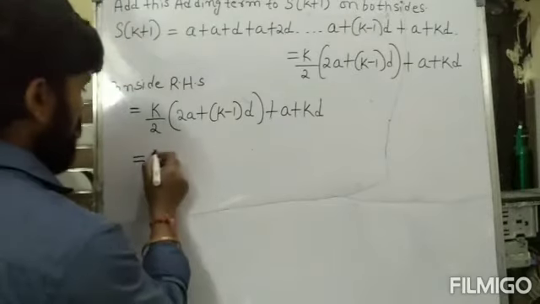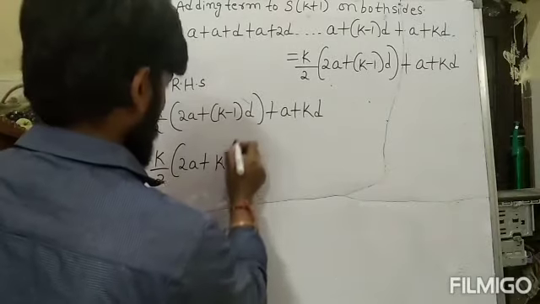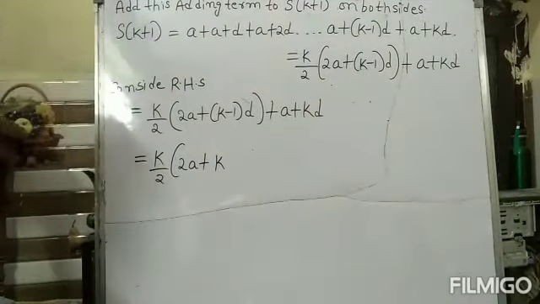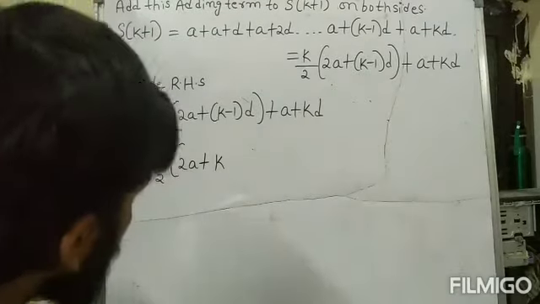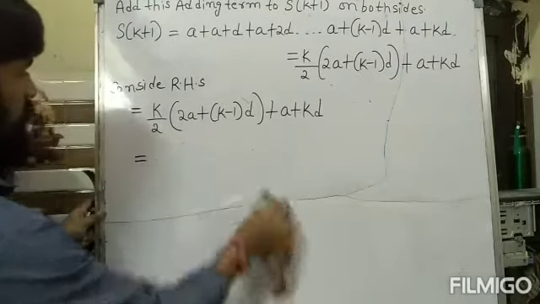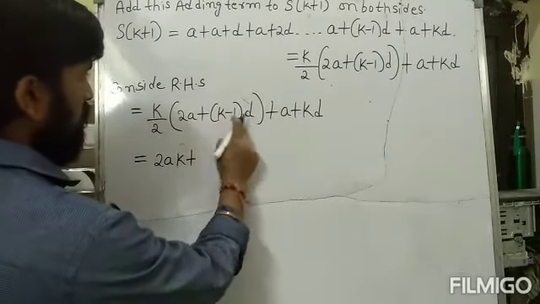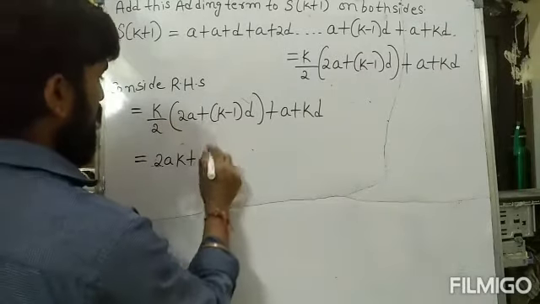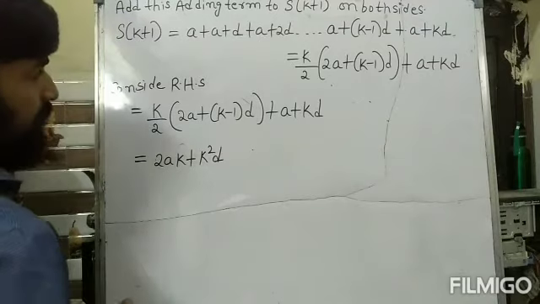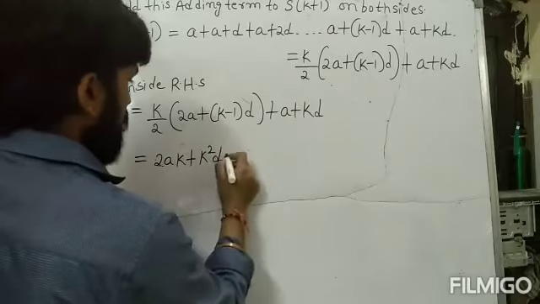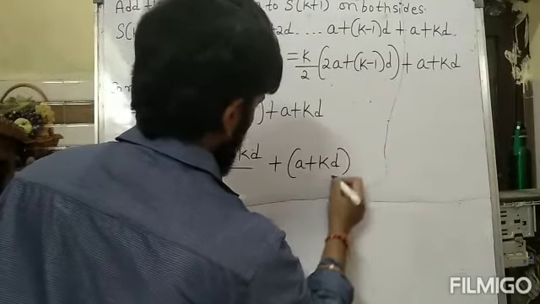I'll expand this, k by 2 into 2a plus k minus 1 into d. Expanding here, it will be 2ak plus k square d minus kd, by 2, plus a plus kd by 1.